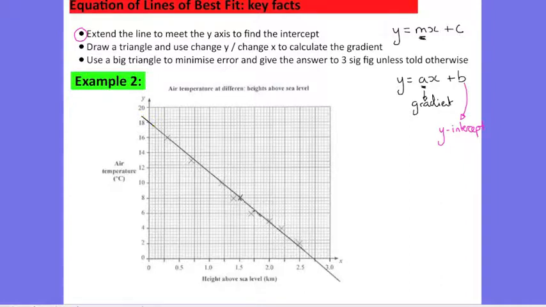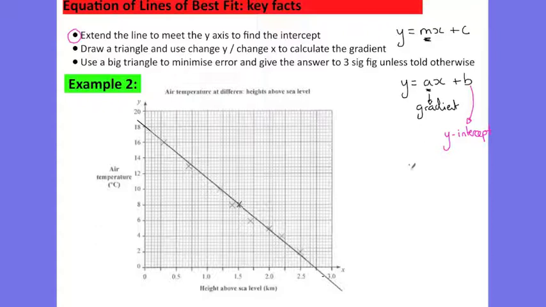So we have now extended our line as our first step to be able to find our y-intercept. So for this particular example, we know that we're going to have y equals something x plus 18. Why? Because we're going through the y-axis at positive 18.